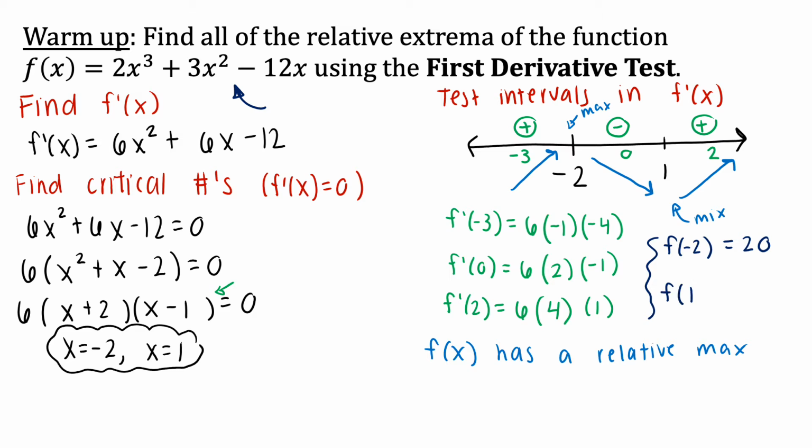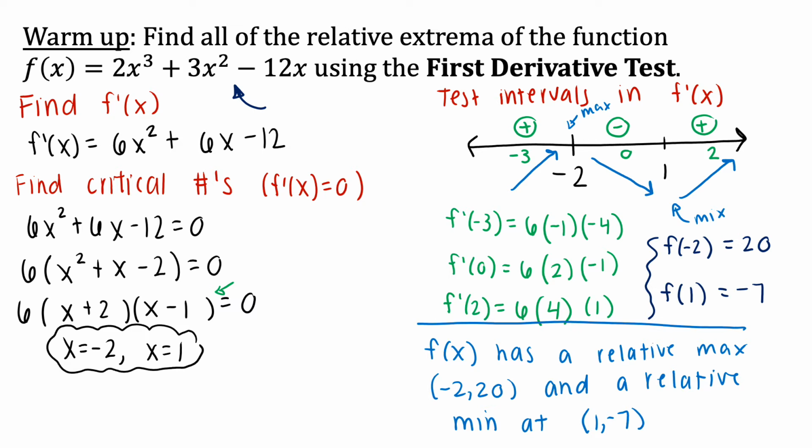And then f of 1, you would get 2 times 1 cubed plus 3 times 1 squared minus 12 times 1, and you should get negative 7. So our function f of x has relative max at the point negative 2, 20, and a relative min at the point 1, negative 7.